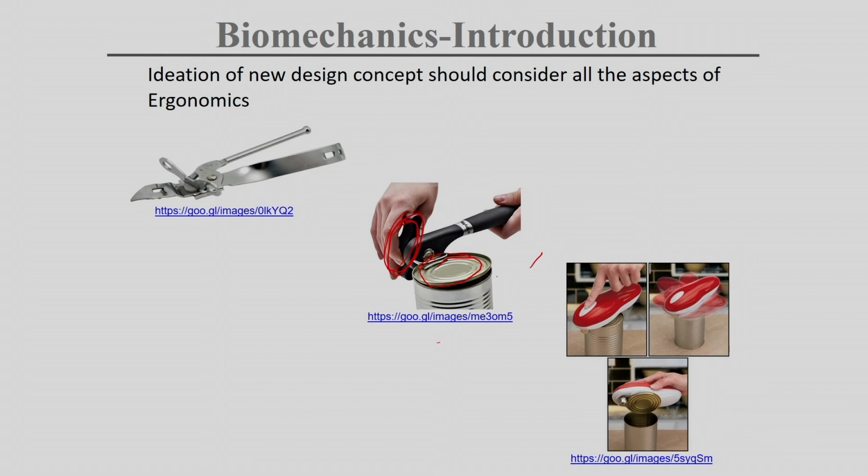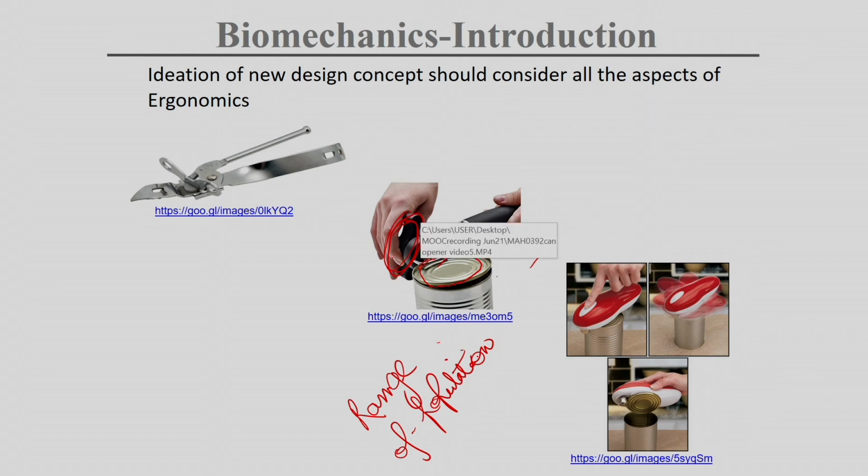If you think of the range of the population, it may be possible that it is used by a kid or by an elderly person, so obviously the torque you need to generate here to open this can is not the same for the kid and the elderly person.